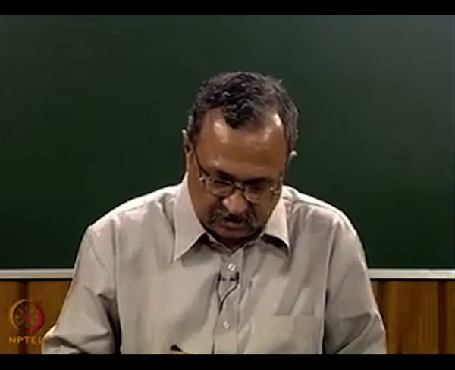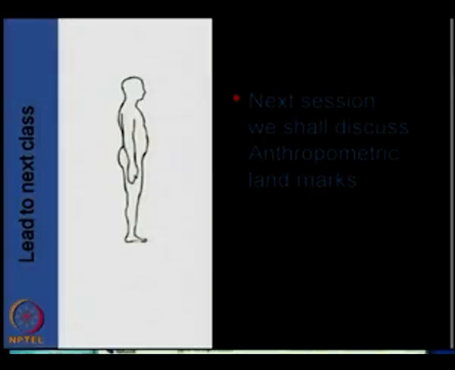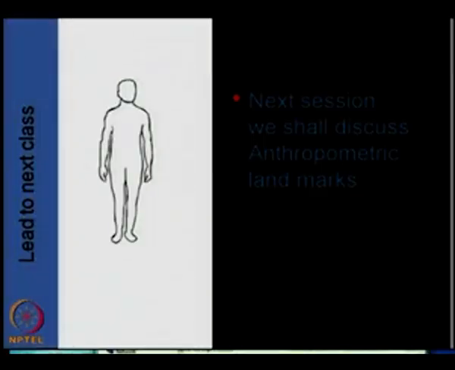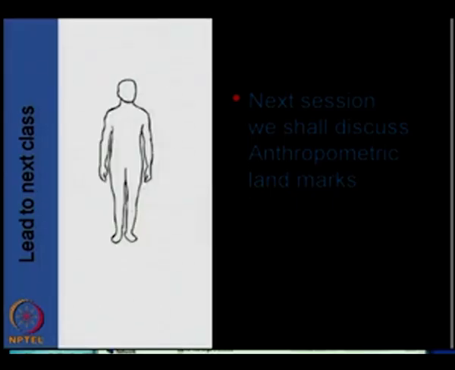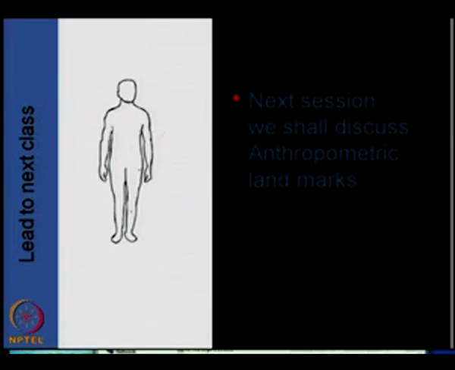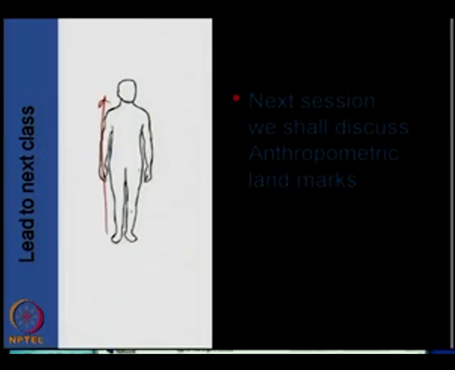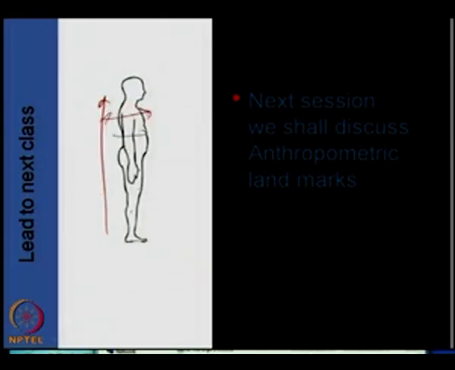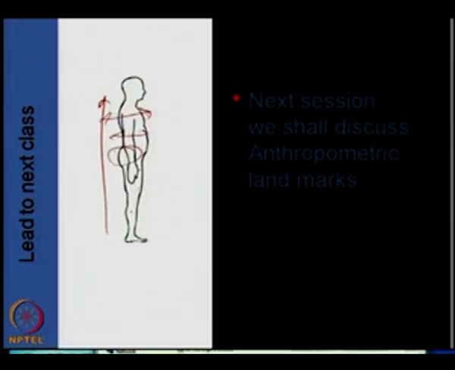We shall discuss anthropometric landmarks, means different body points of these locations, and then height, then length, breadths, circumferences and depths, etc. we will discuss in next class.